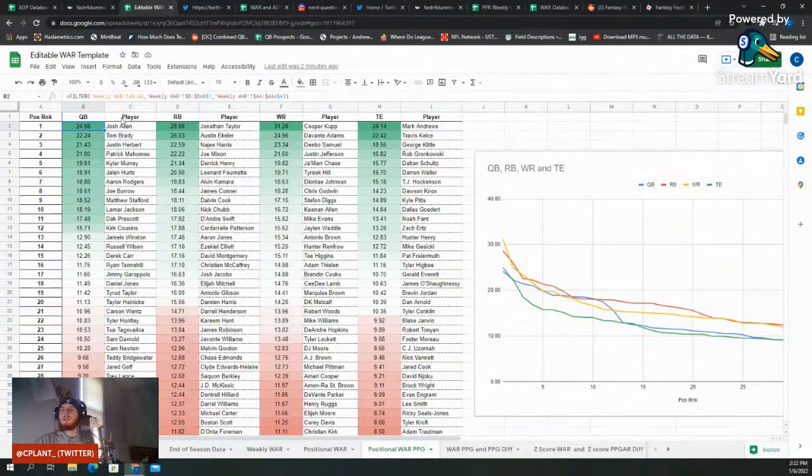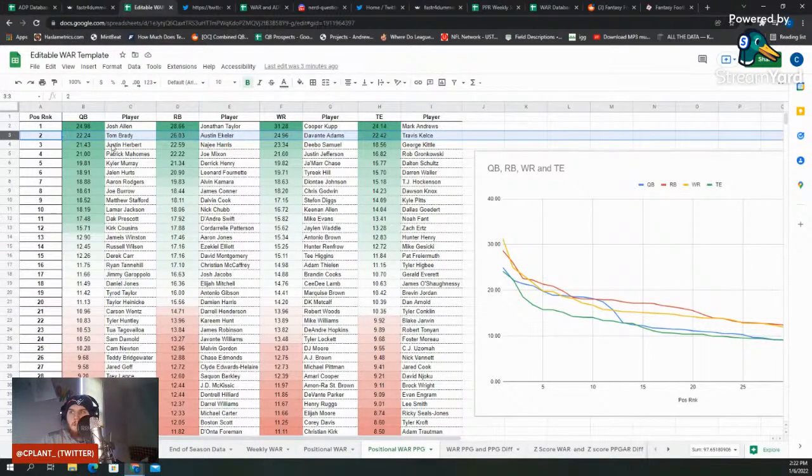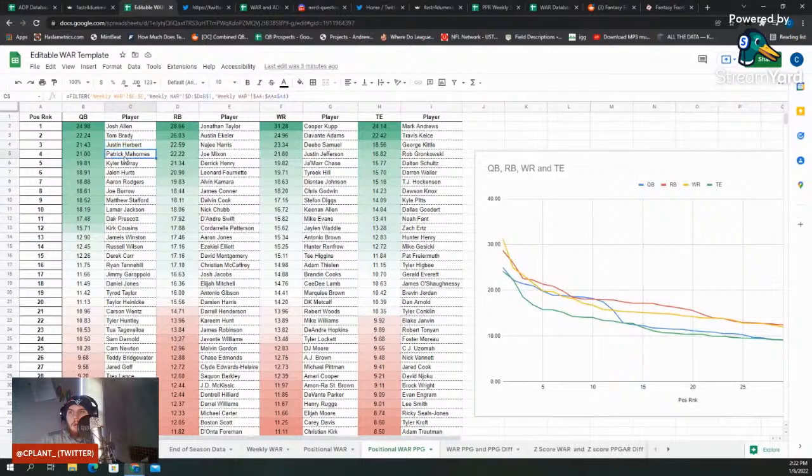So here you can see Josh Allen's WAR points per game was 25, but Tom Brady's was 22. So you can think of it as a 3-point difference. I guess Tom Brady was on his own tier in the second tier, and then Herbert and Mahomes were on their own tier, and then Kyler, Hurts, Rodgers were kind of close, and tier it out that way.